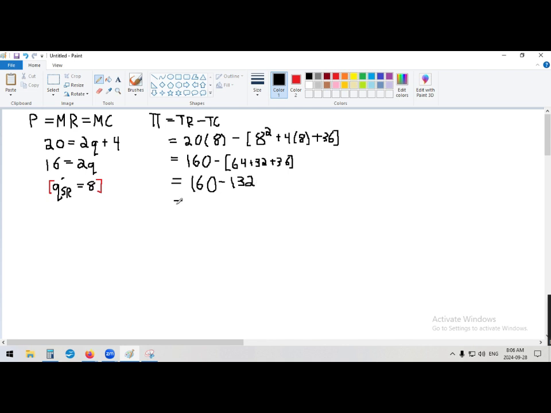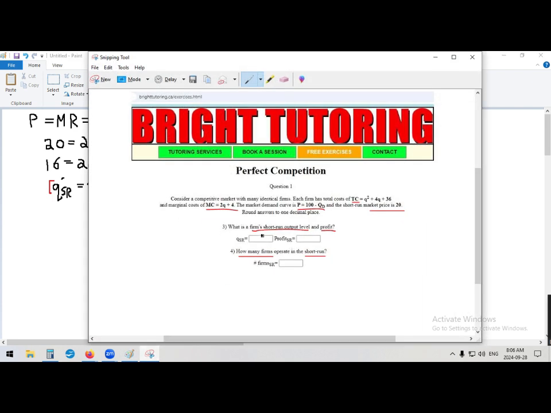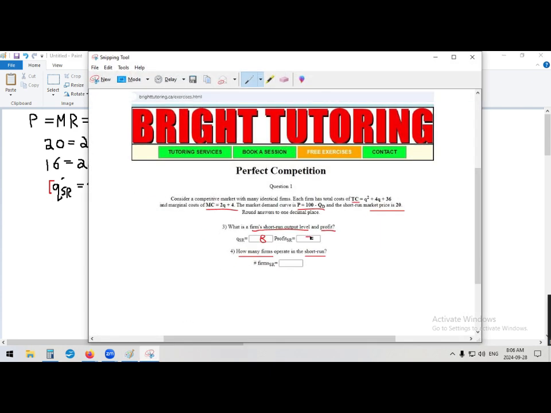So that's going to equal 28. So that's going to be the firm's profit in the short run. So here we have a short run quantity of 8. So each firm is selling 8 units, and each firm is making $28 selling that.